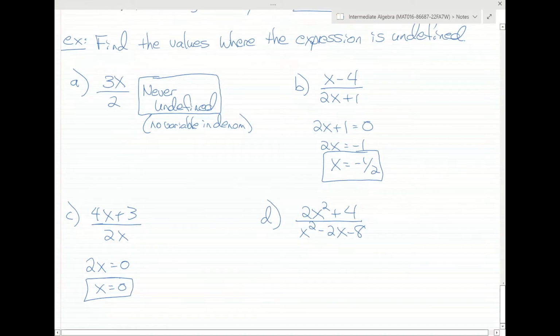Well, we're trying to figure out when our denominator is 0. We've seen a problem like this before.